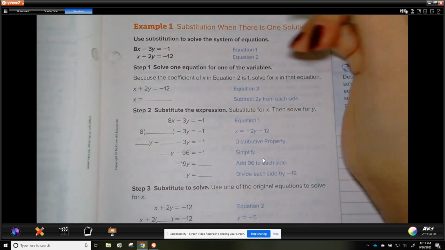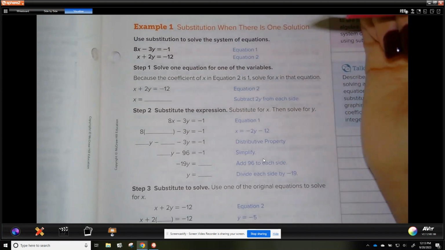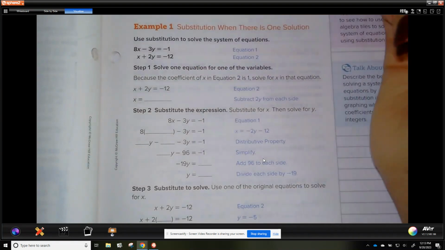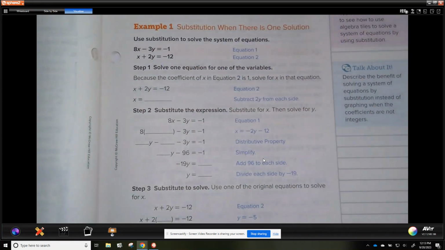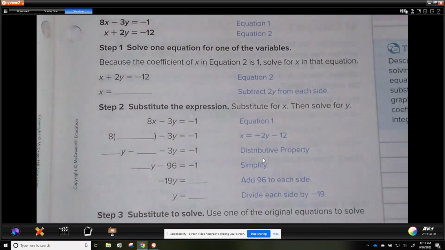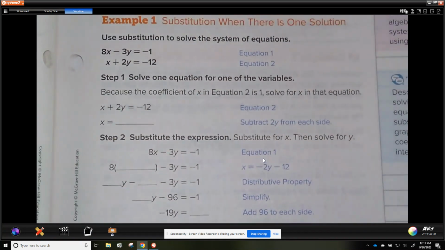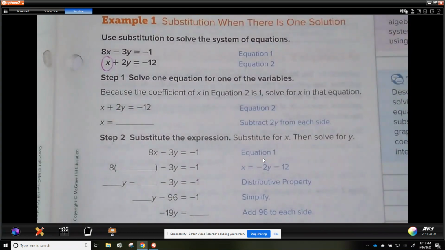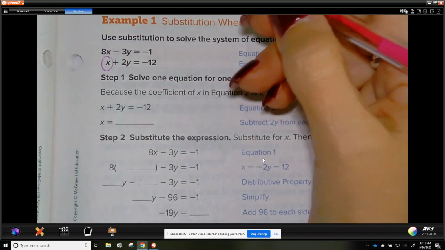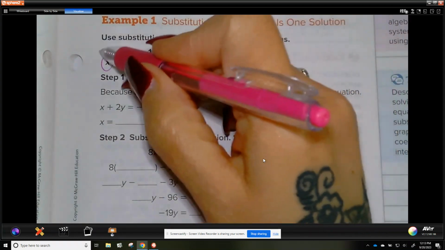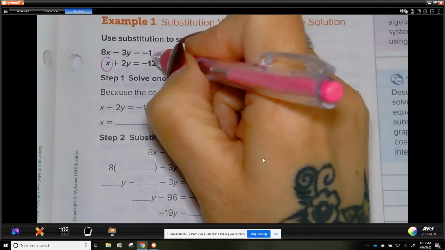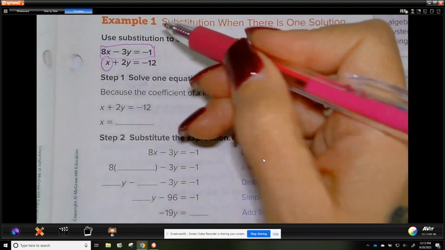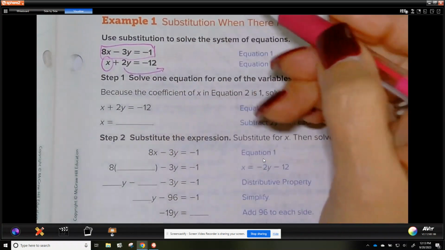So let's start with this first one. Here's equation 1, here's equation 2. Which one looks easier to get a variable by itself? Equation 2 looks a lot easier because it already has x there. So we're going to keep equation 1 how it is, and for equation 2, we're going to move the 2y over.